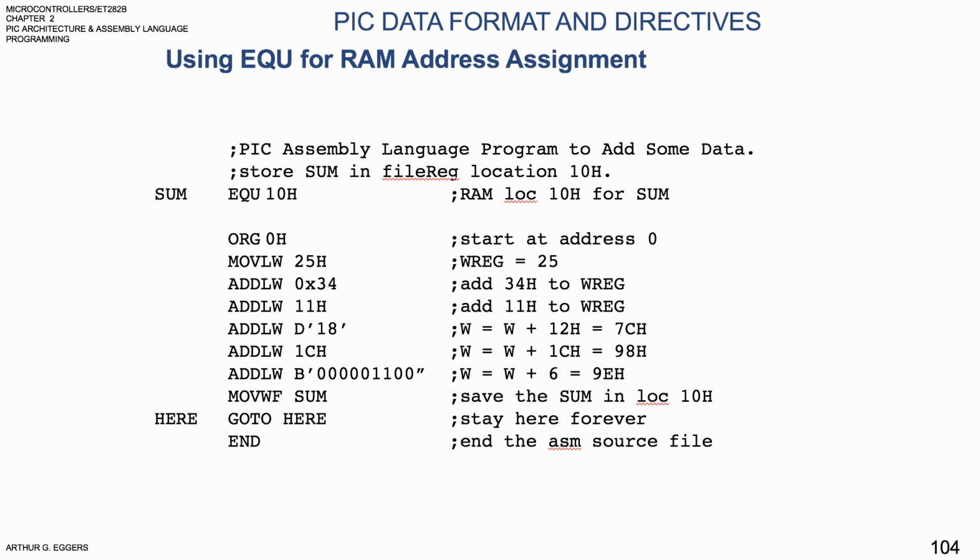If we take a look at this example, notice that the label here in the go-to field tells the PIC to stay in the loop indefinitely. If your system has a monitor program, you do not need this line and it should be deleted from your program.